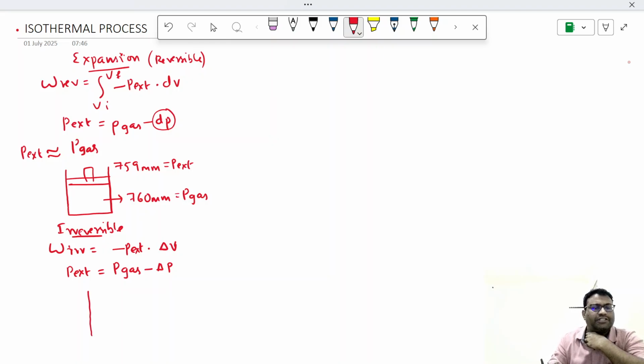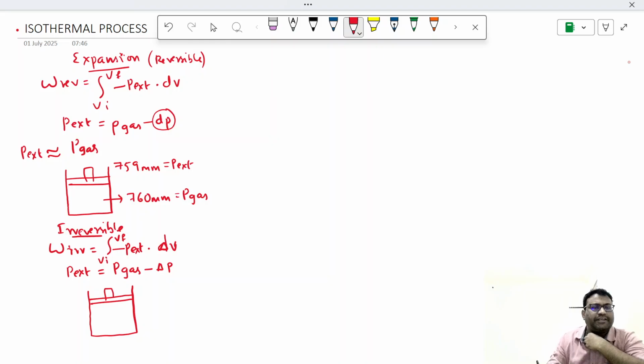So let us consider between these two. We can also write dV if it is very small, or delta V, doesn't matter. The same V initial to V final, let us take. Now for the purpose of comparison, it will be easy.